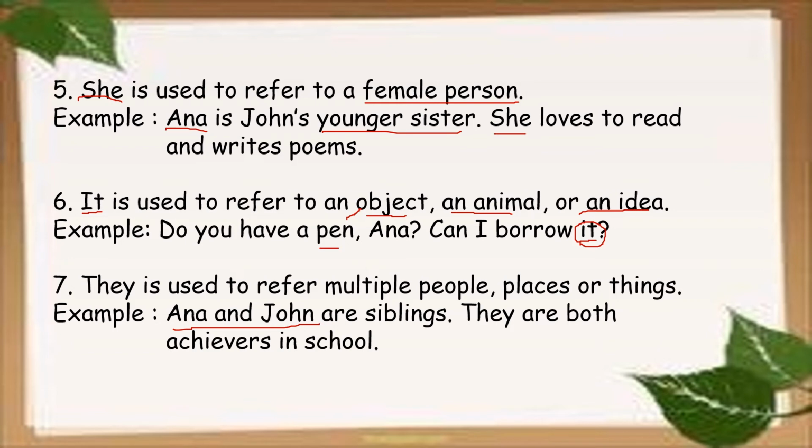So when you want to replace a plural noun with a plural pronoun, then we are going to use the word they as a pronoun in replacement for Anna and John. Another example.